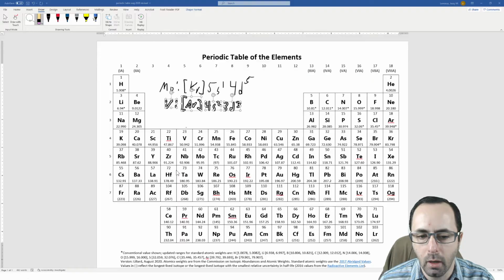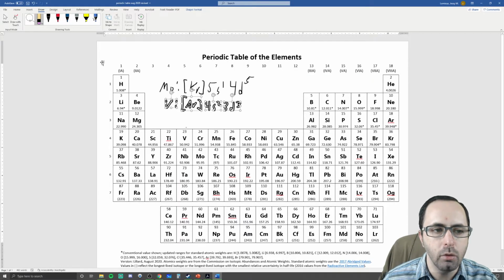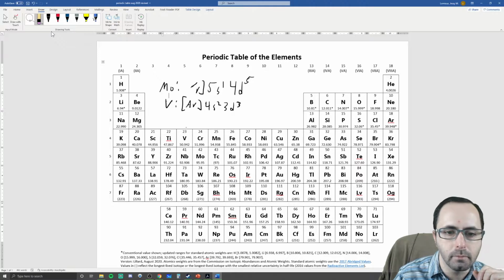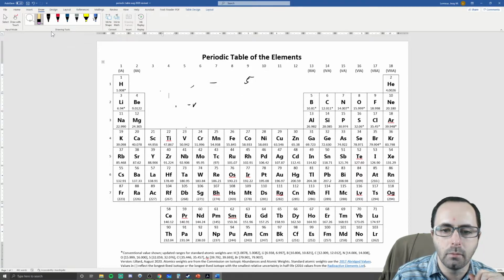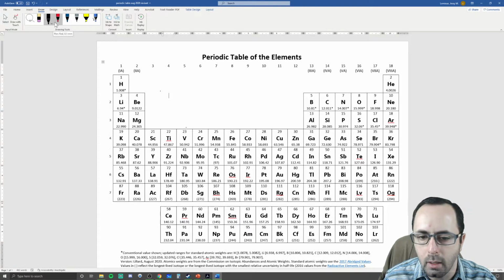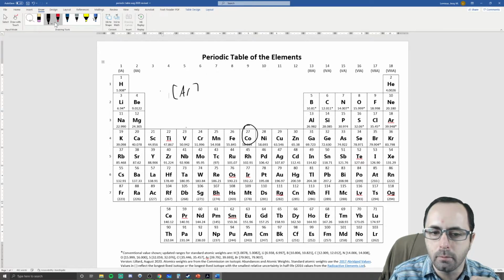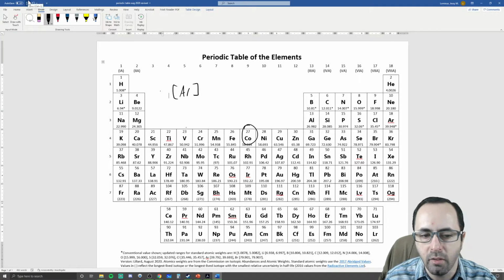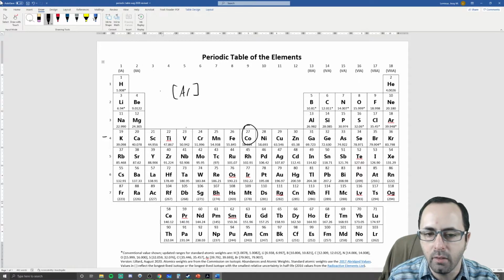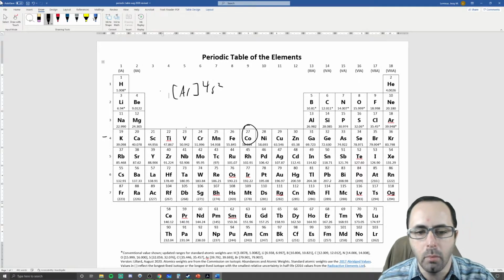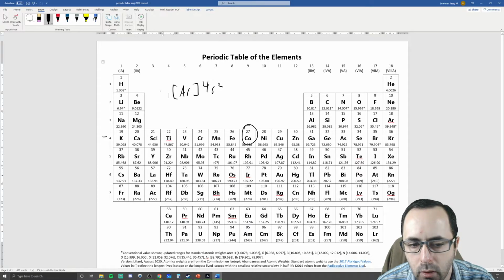Going back to our periodic table here, for a neutral cobalt atom, cobalt's right here, so the electron configuration would be argon, then 4s2, and then 3d, 1, 2, 3, 4, 5, 6, 7, 3d7.